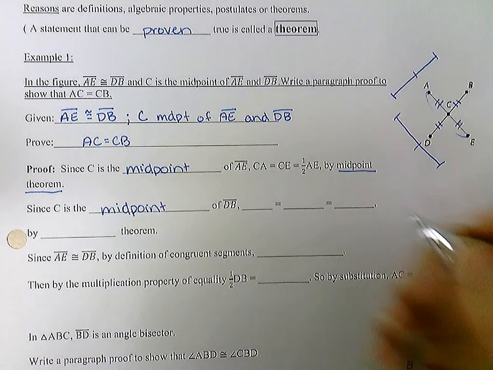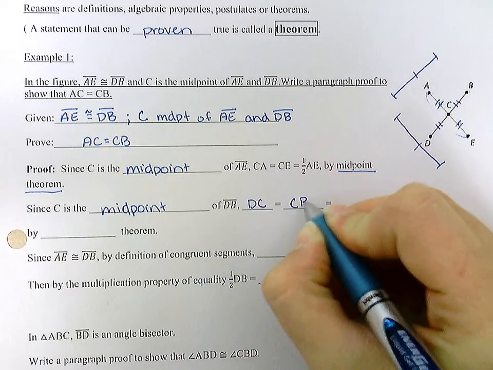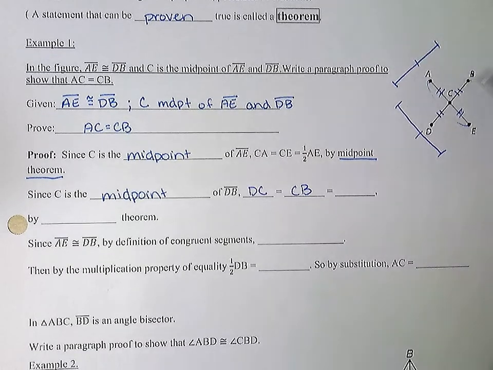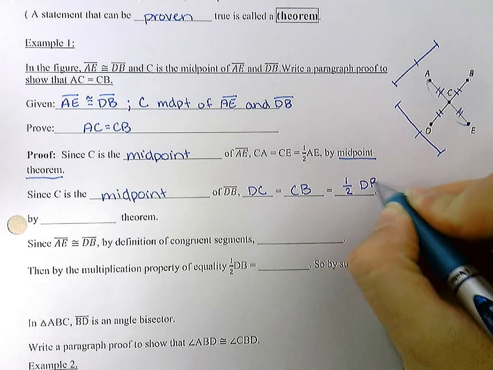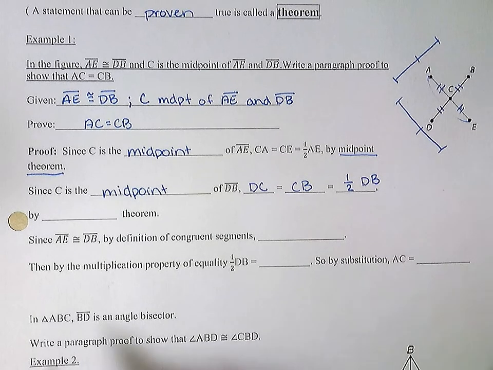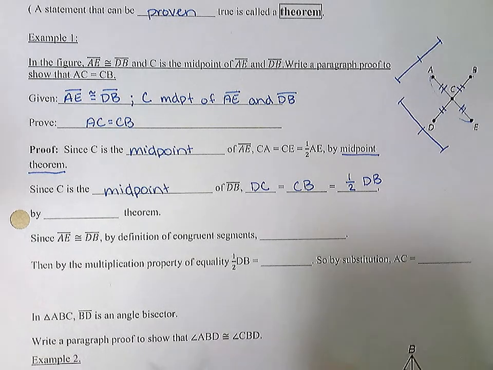Yes. DC will equal CB, which is also just 1/2 of our entire segment. What theorem am I using to state that those are equal segments? The midpoint theorem.